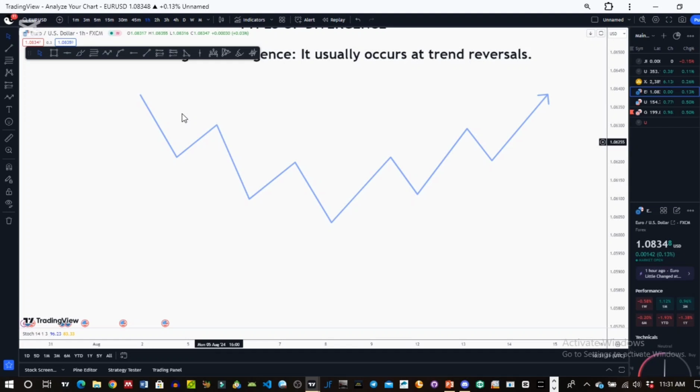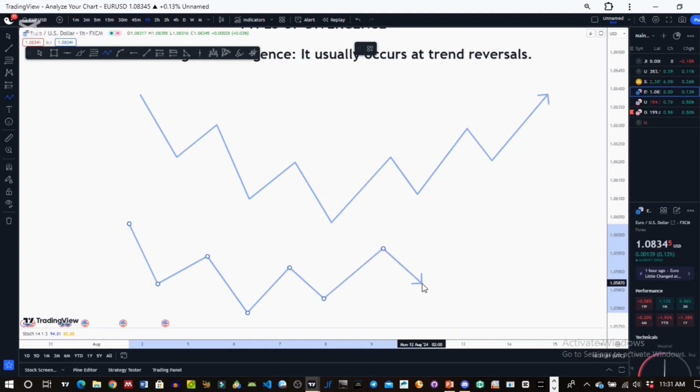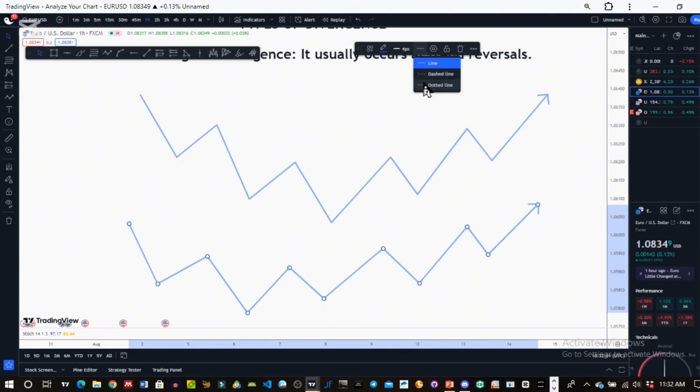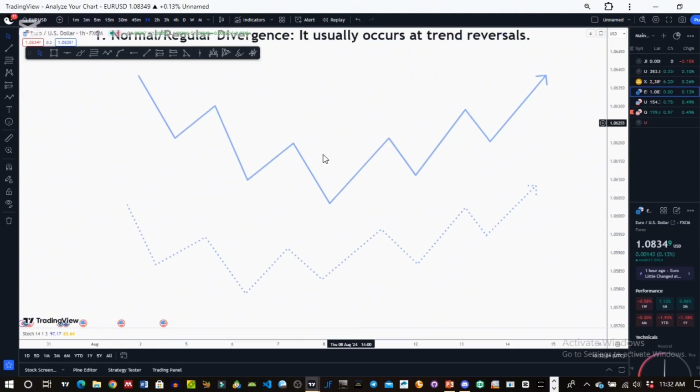Now, for the indicator, we're having price moving in the same direction. All right. But at this point of reversal, you would notice a change in the direction of the indicator. So this is the indicator and this is the price.